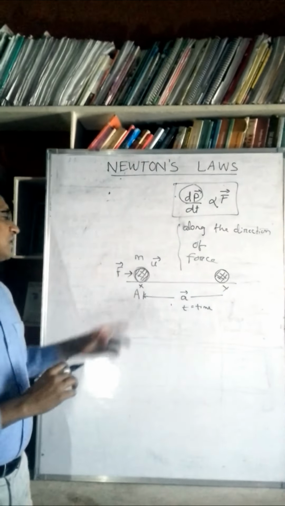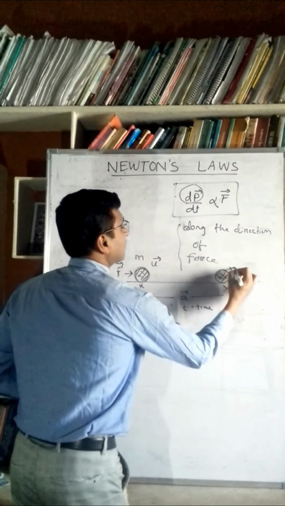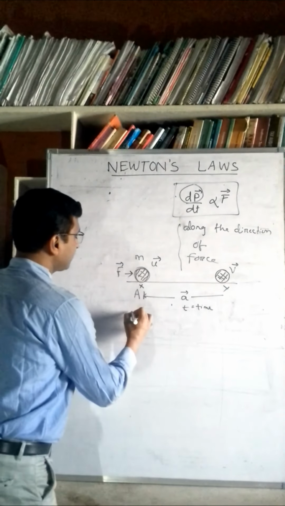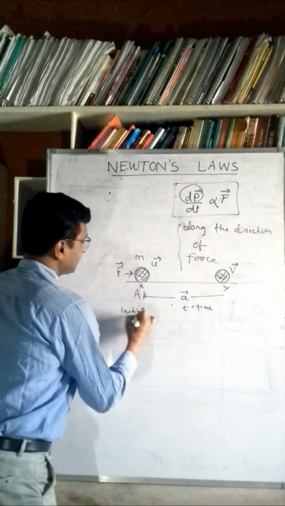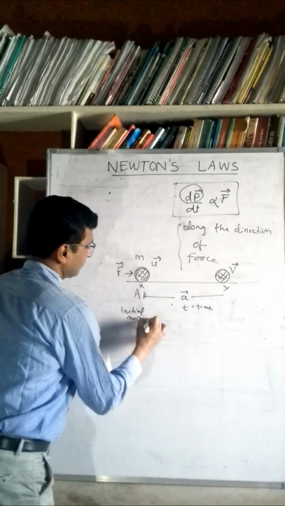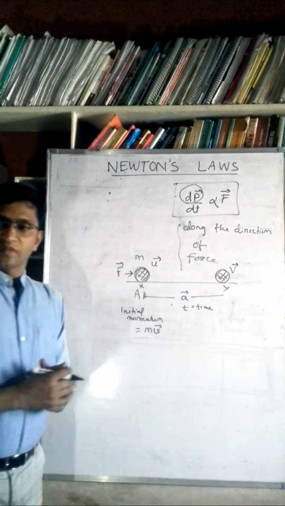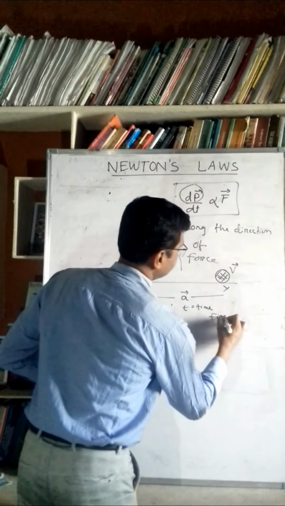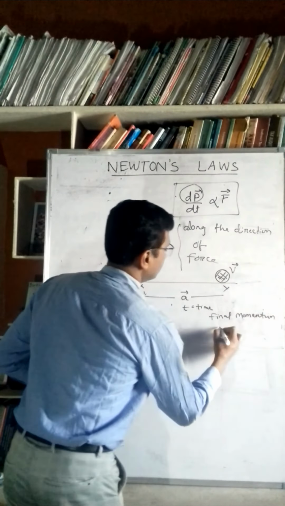Initially it was at x, later at y, and at this moment its velocity, let us assume, is v. Now what is the initial momentum here? The initial momentum is mu. Now what is the final momentum here? Final momentum, because of application of the force, is mv.